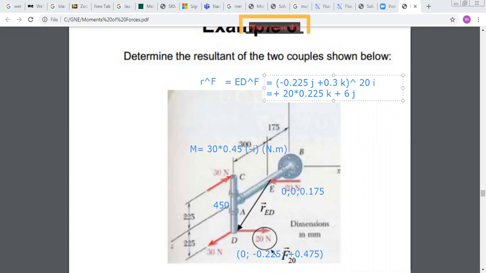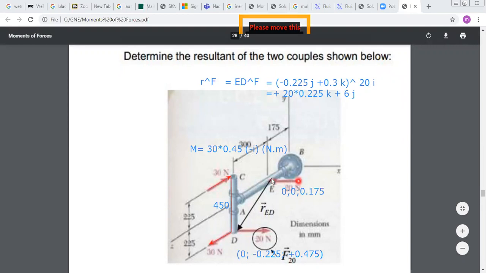Now the next step is to find the moment along Y of your couple. This is your Y axis. If you look at your figure, the first force is passing by Z, so this force will not have a moment about Z, but it will have a moment about Y. What is the moment of this force about Y?